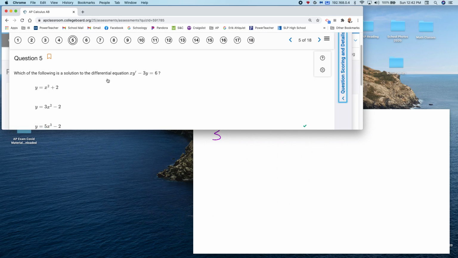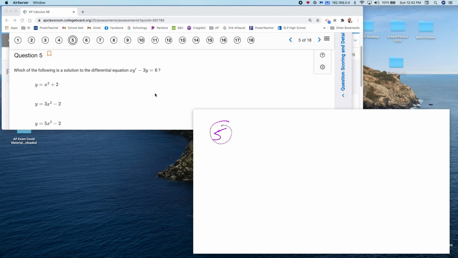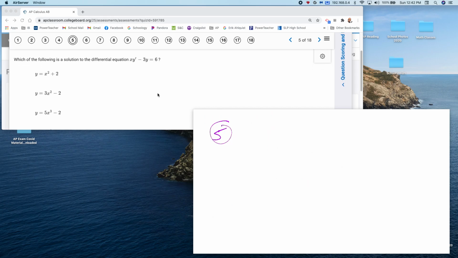Question 5. If I'm doing question 5, which of the following is a solution to the differential equation? I'm going to use trial and error. And what I mean by that is, if I take A, y prime is equal to 2x.